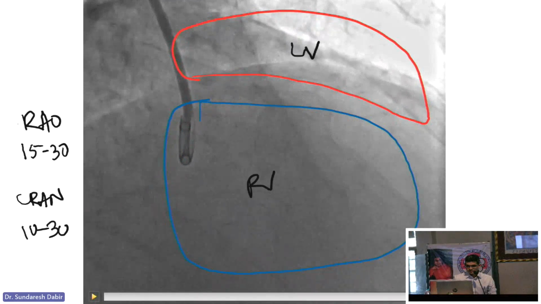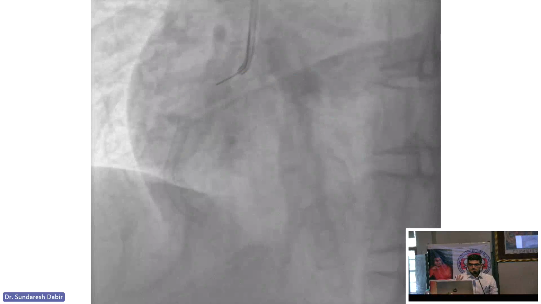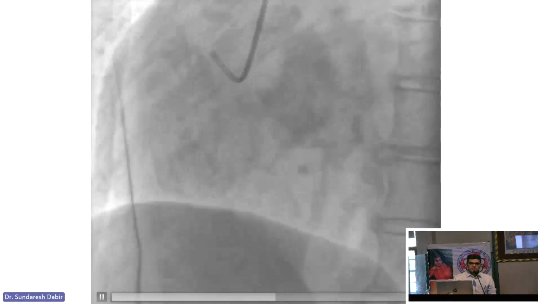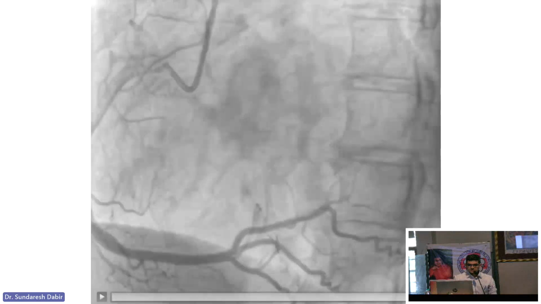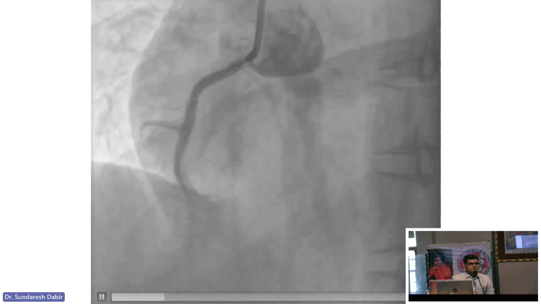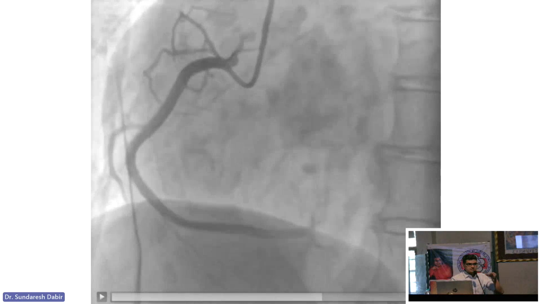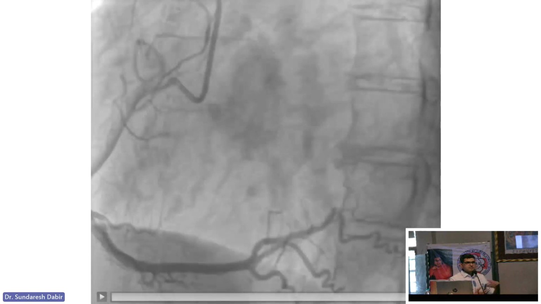Now understanding the RCA takes a little bit of imagination. There are three standard views for the RCA. The engagement plane is also LAO, and for most parts of the RCA this is the LAO. But when we want to look at the distal RCA, we need to take cranial views, right? If you take the coronaries like this and I pull my hand down, the inferior part of the heart is seen well in cranial views.